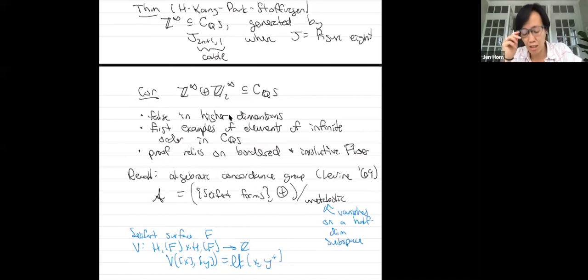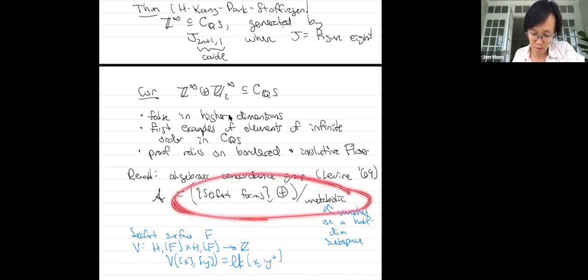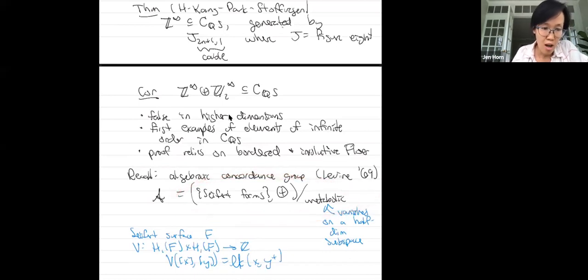And so it's an exercise to check that if your knot is slice, then its Seifert form is metabolic. It basically follows from half lives, half dies in terms of the three-manifold boundary. So Levine was able to study this gadget, and he proved that it's isomorphic to Z to the infinity plus Z mod 2 to the infinity plus Z mod 4 to the infinity.